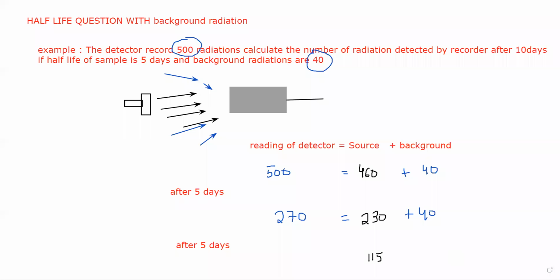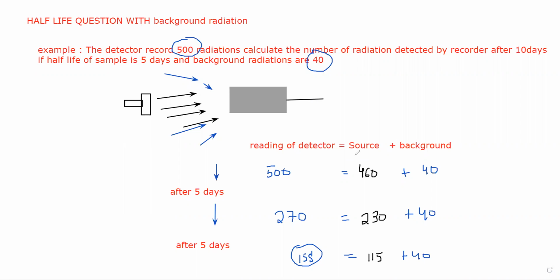The background will remain 40. So the total radiation will be source plus background, which is equal to 155. First half-life 5 days, second half-life 5 days, so the total time interval is 10 days. After 10 days, the detector will record 155 radiations.